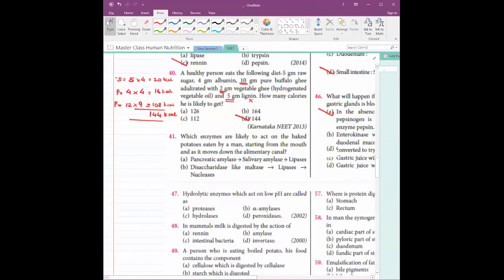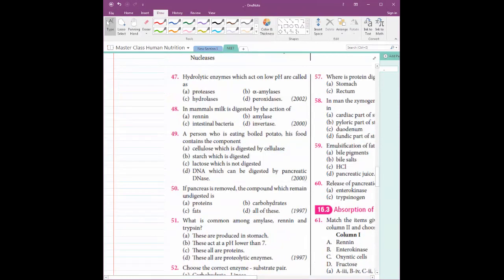Okay, sure. Next question is for Aditi. Hydrolytic enzymes which act on low pH are called proteases, amylases, hydrolases, peroxidases. Which act on low pH? Yes.